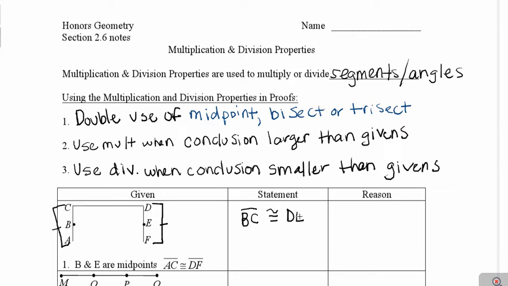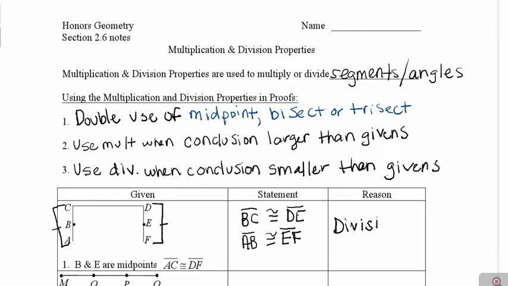So you could have multiple different correct statements. So we know that any one of those four segments would be congruent to each other. So we would know that BC is congruent to DE, or AB is congruent to EF. And since we are getting smaller, this would be an example of the division property.